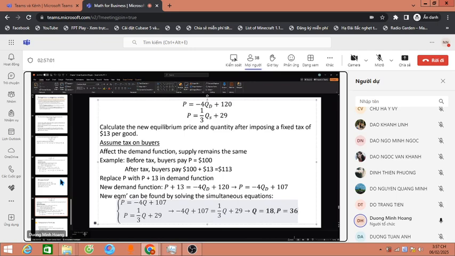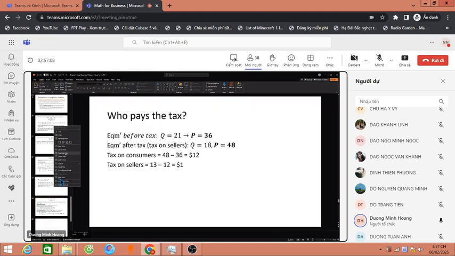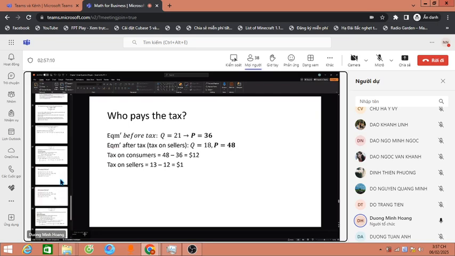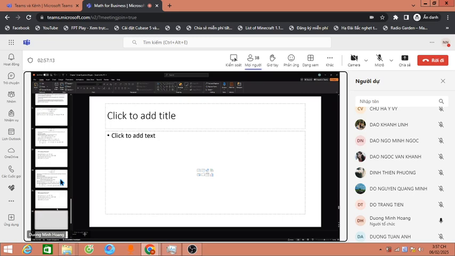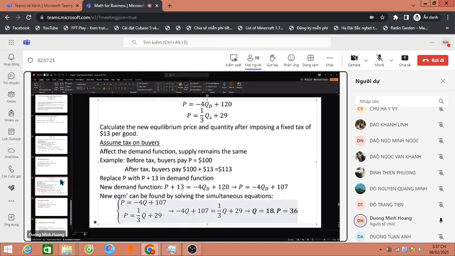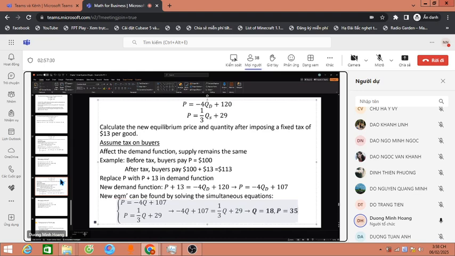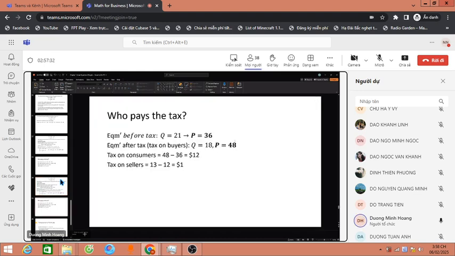So replace the tax in this case. So tax on buyers. Now P equals, I'm sorry, this is 35. Sorry, 35. Is that correct? This is 35.